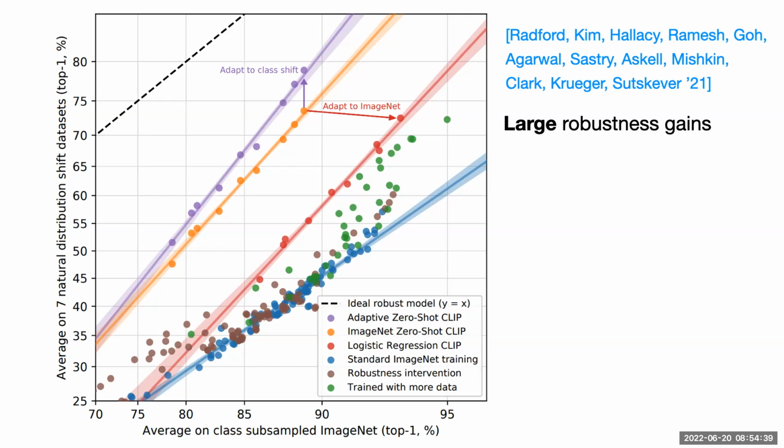One of the things we've been finding is that when you try using synthetic distortions to make models robust, it doesn't really reflect the shifts that you would actually see in the real world.